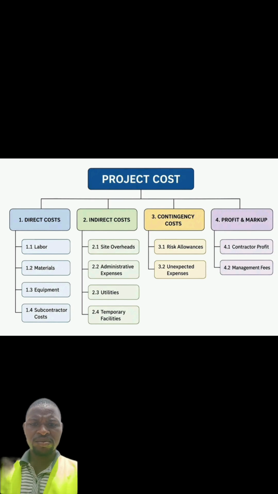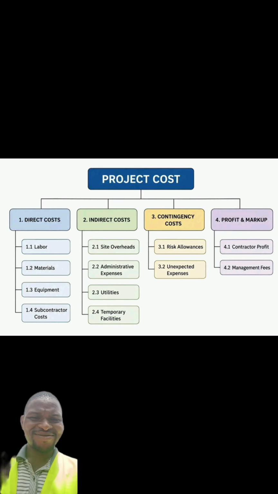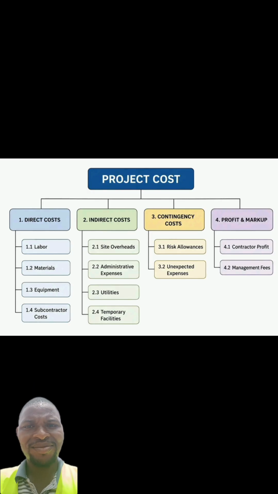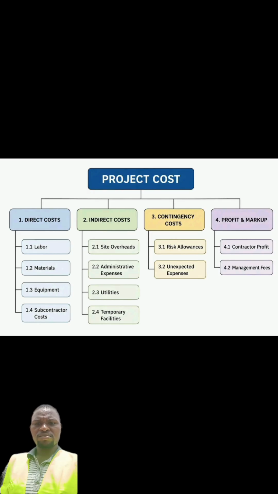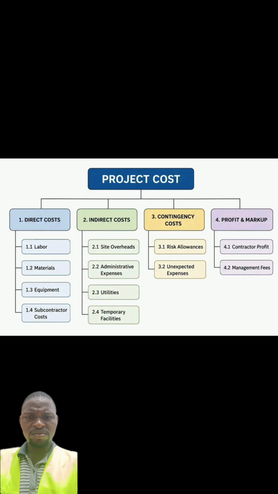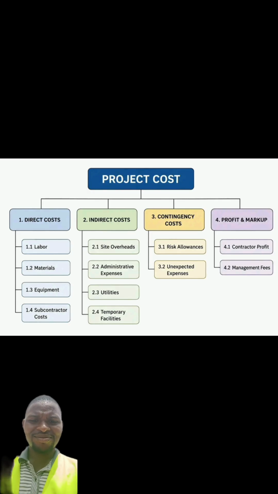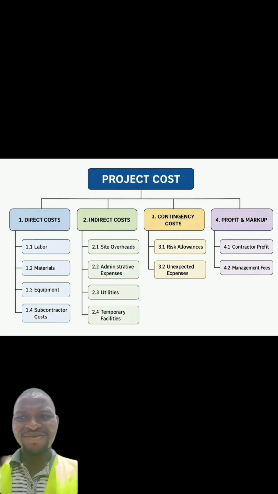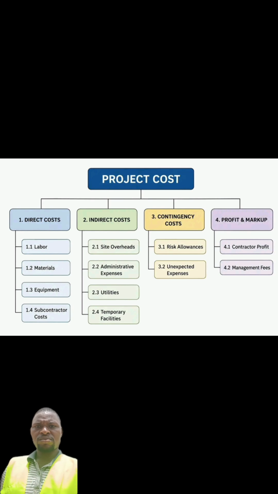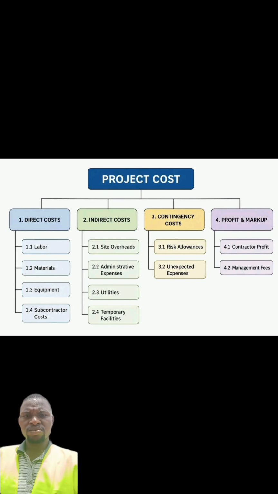Then the next point to check is administrative expenses. Administrative expenses are also very, very important in construction, because the people running the site, and you, who are doing the documents, signing, and all those things, fuel your car and move from one office to another if it is a government related project.